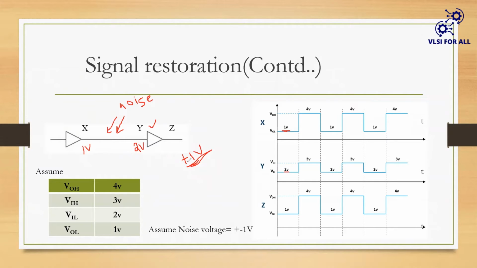So here whenever the VIL value is 2 volts, which is like you can say maximum of 1 volt noise, this driven element can easily understand because it is a valid input, so even though it receives 2 volts, it recognizes it as a valid input only, so it will produce the value which is the VOL, because each and every design follows the static discipline where VOL value is 1 volt.